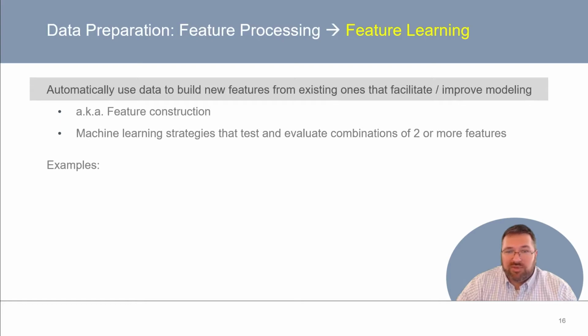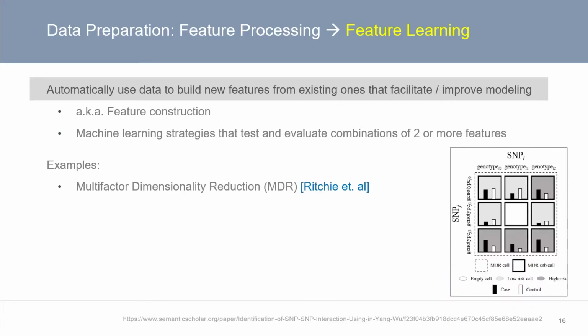Now let's take a look at some specific examples. Notably, there are many strategies out there, and the three I'll mention here were developed by myself or colleagues. One example is multi-factor dimensionality reduction, or MDR, developed by Ritchie, Moore, and others. MDR takes two or more features and combines them into one in order to explicitly detect feature interactions.